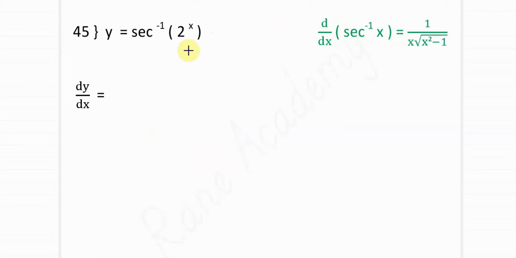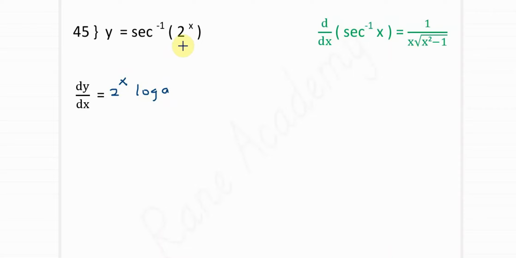Question number 45, y is equal to sec inverse of 2 raised to x. So the derivative of sec inverse x is 1 upon x under root x square minus 1. So instead of x we have 2 raised to x. Now derivative of 2 raised to x is 2 raised to x log 2. So we write the derivative of 2 raised to x, 2 raised to x log 2. And now we differentiate sec inverse of 2 raised to x.